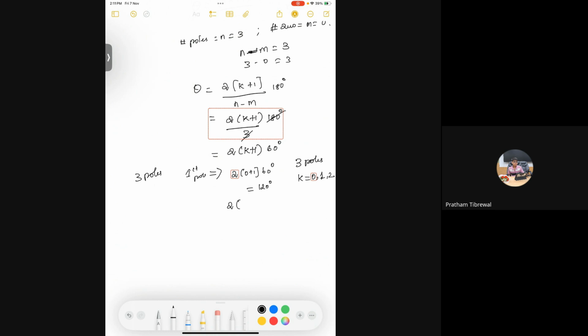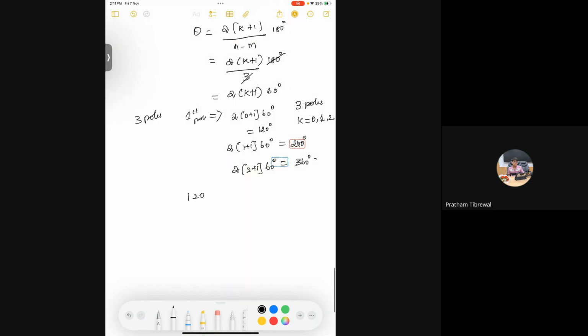Second is 2 into 1 plus 1 into 60 degrees, which gives 3 into 60, 180. The next is 2 into 2 plus 1 into 60, which gives 5 into 60, 300. These are the 3 angles my root locus is going to go from the real axis to infinity.